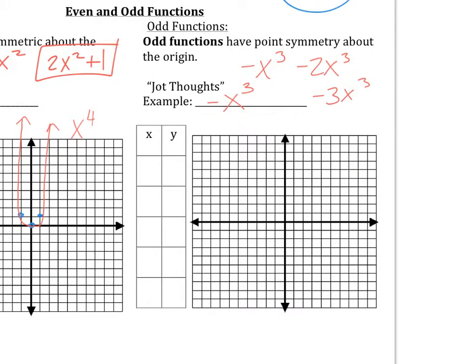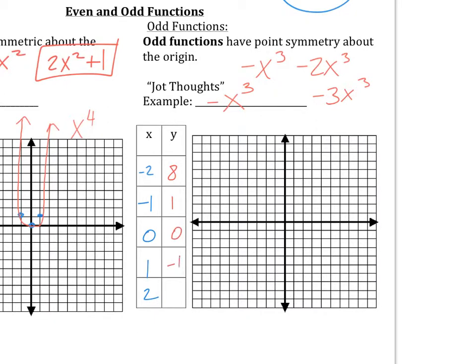And let's graph -x to the 3rd and see what happens. So if you plug in -2, -2 to the 3rd power is -8, times a negative, that becomes +8. So -1, let's try those. Okay. Now, -1 to the 3rd power is -1, times a negative, that would be a positive.